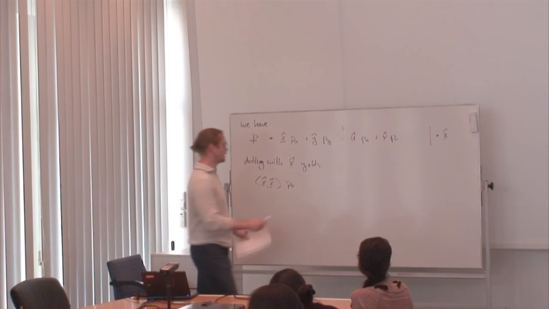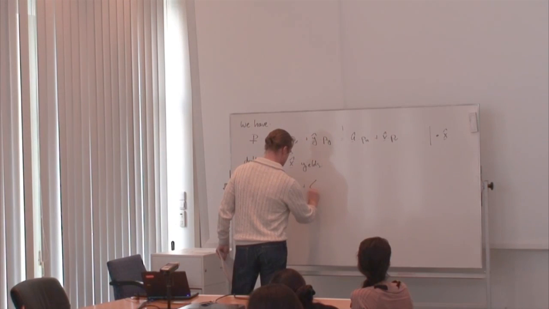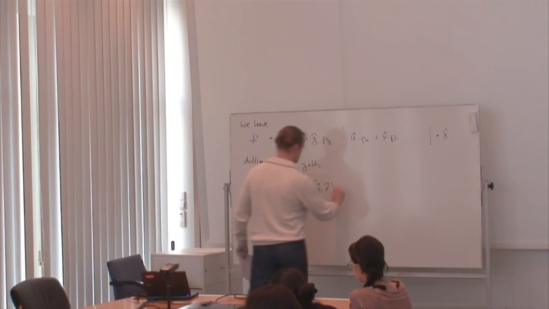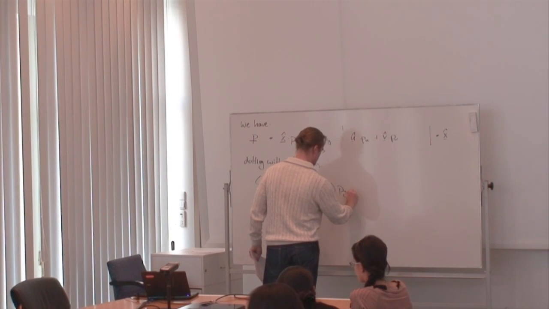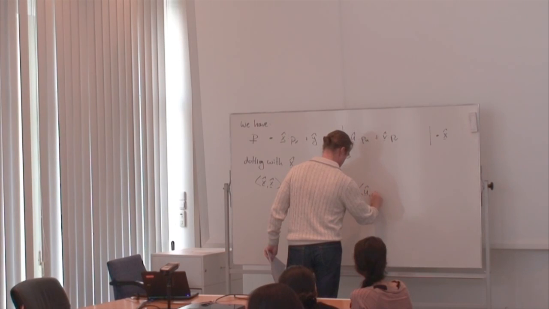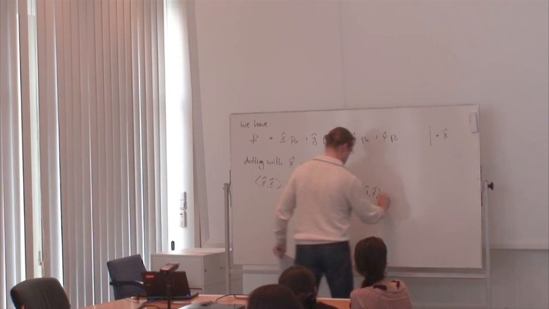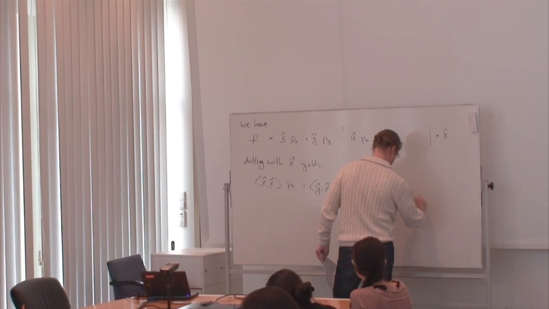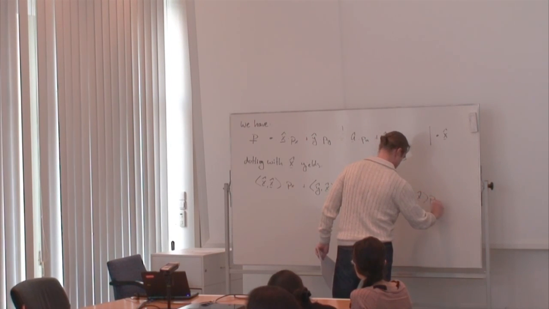Okay? And here we get y hat inner product x hat times py, and on the right hand side we get u hat inner product x hat times pu plus v hat inner product x hat times pv.